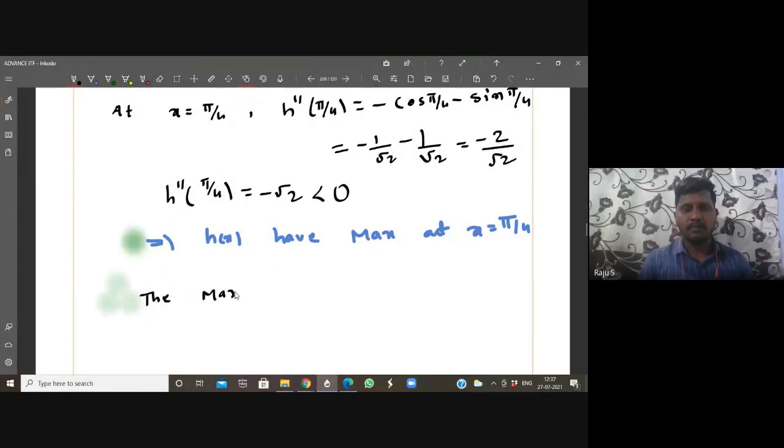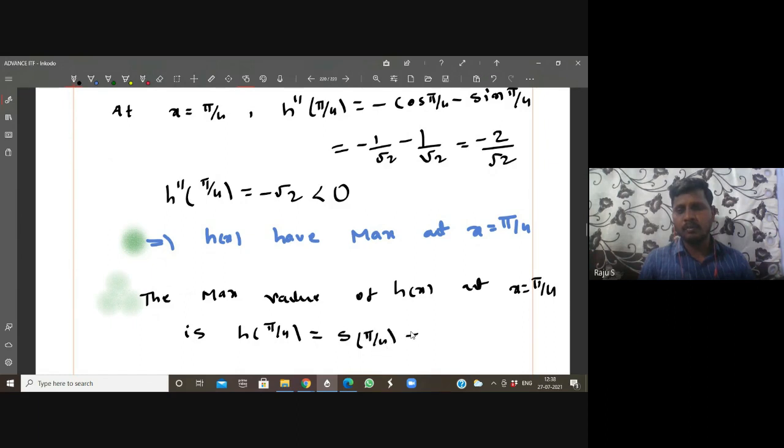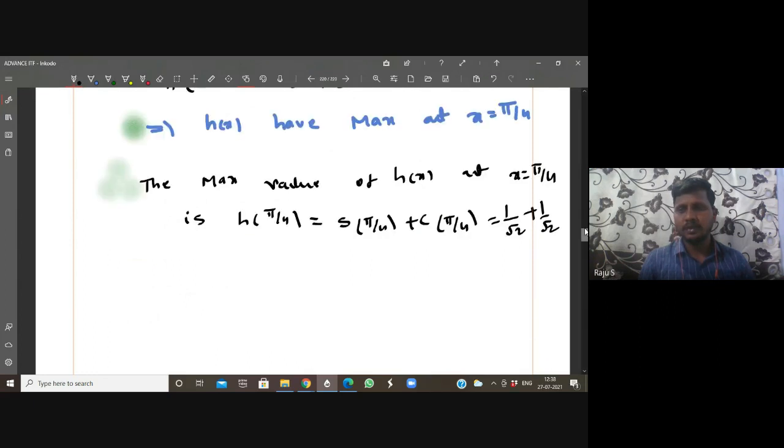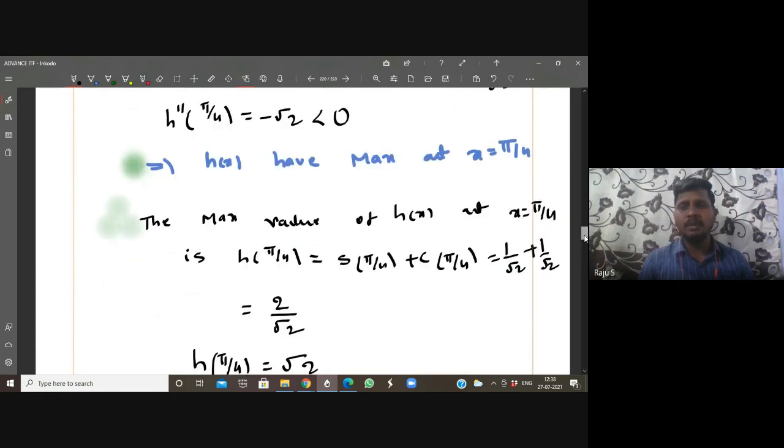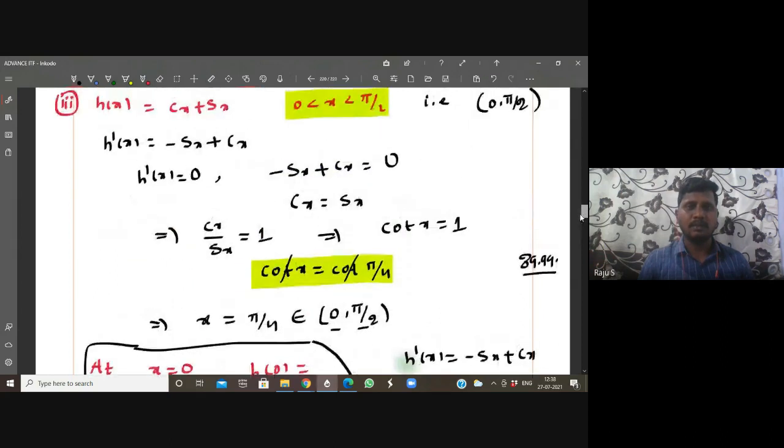The maximum value of h of x at x is equal to pi by 4 is h of pi by 4, sin pi by 4 plus cos pi by 4. So 1 by root 2 plus 1 by root 2, which is 2 by root 2. That is nothing but h of pi by 4 is root 2. Root 2 is the maximum value of the given function h of x is equal to sin x plus cos x.